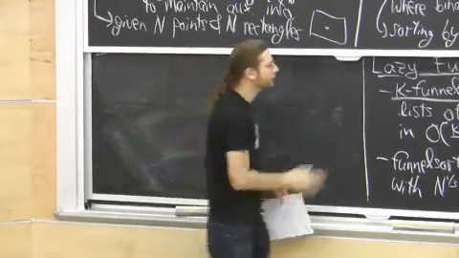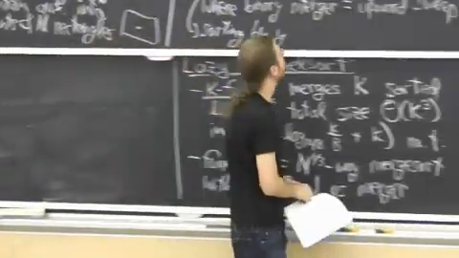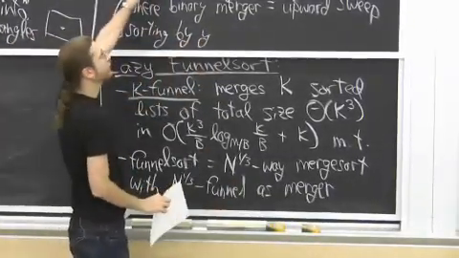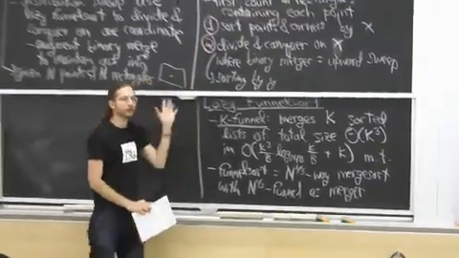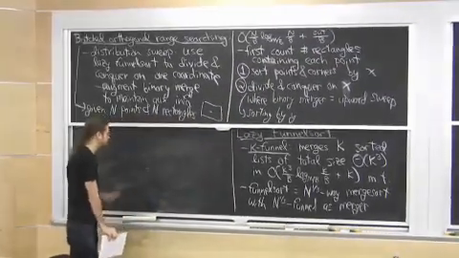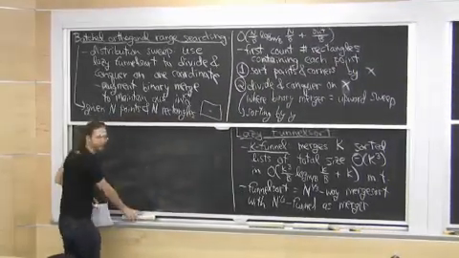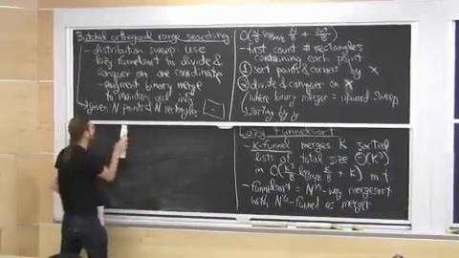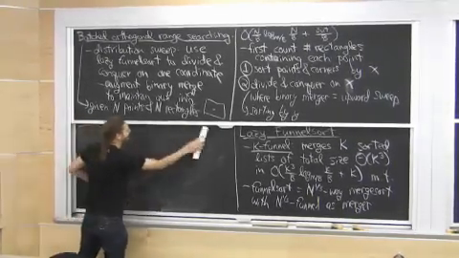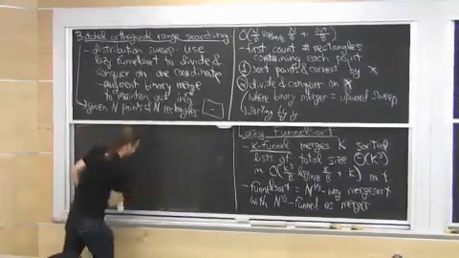If at this point you believe in funnel sort, you should believe that range counting is easy to do. That's where we stand.